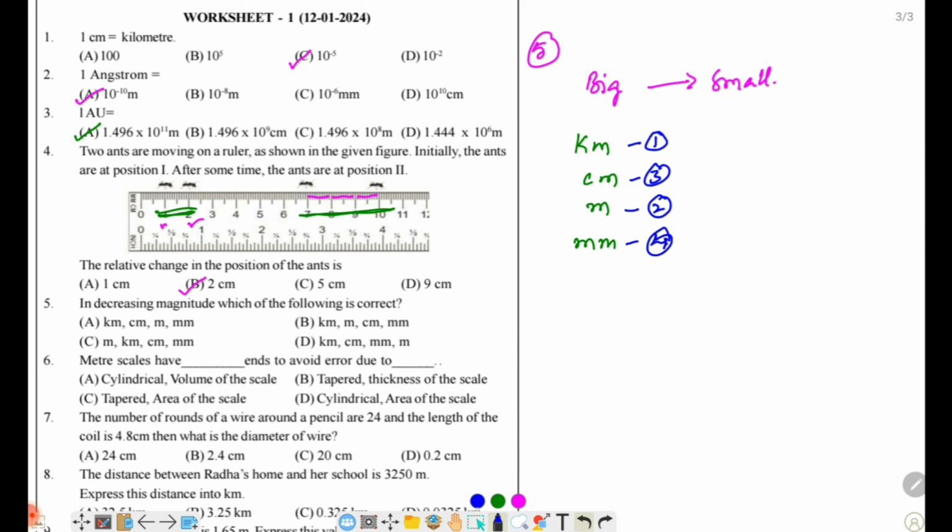First the bigger one, which is kilometer, second meter, third centimeter, finally millimeter. Let us check where this order has been given. Yes, in option B. Let me know in the comment section whether you got the correct answer or not.